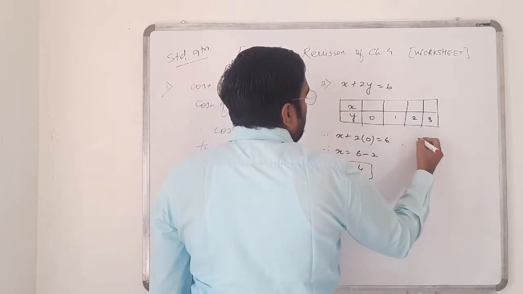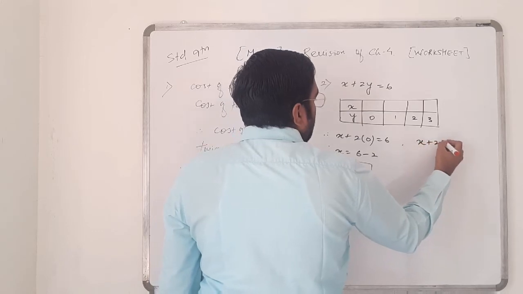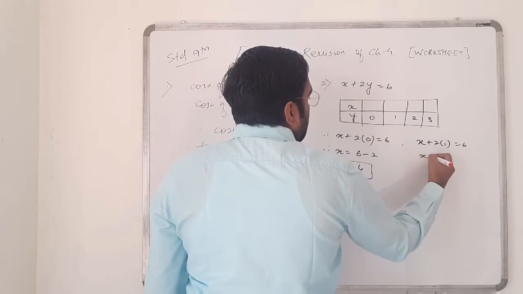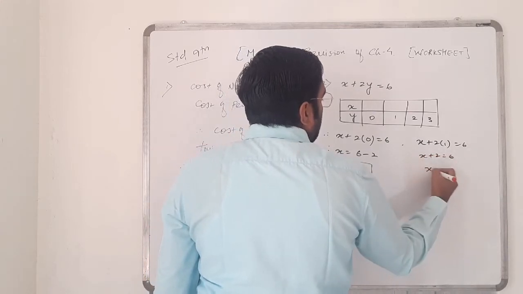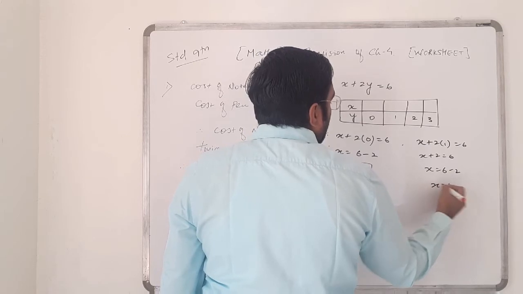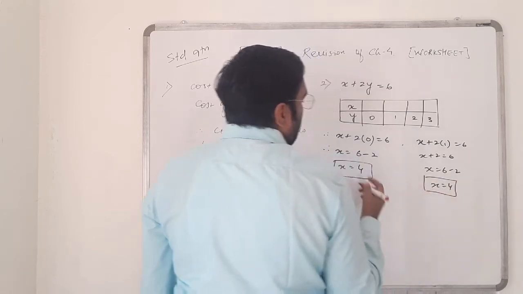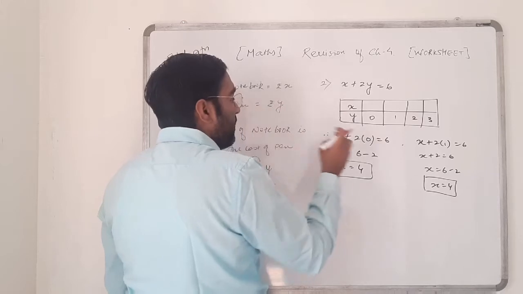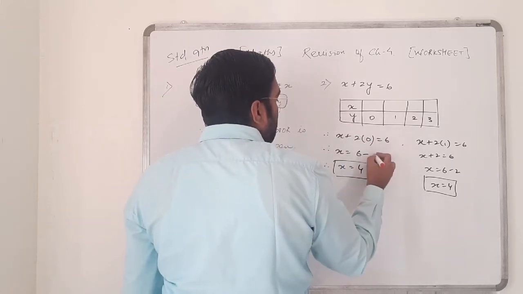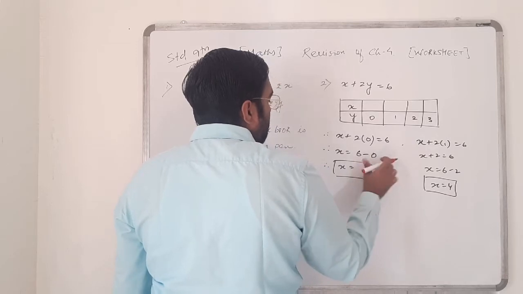For the second one, x plus 2 into 1 equal to 6, x plus 2 equal to 6, x equal to 6 minus 2, then x equal to 4. At first, my mistake: 2 into 0 is 0, so 6 minus 0 is 6.